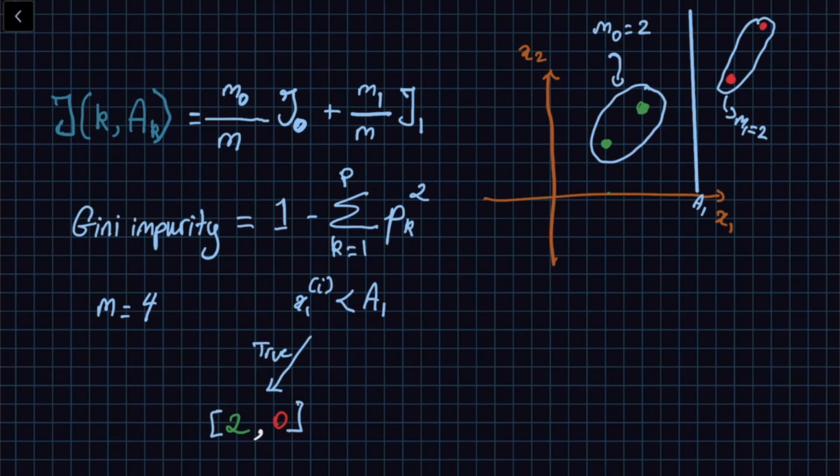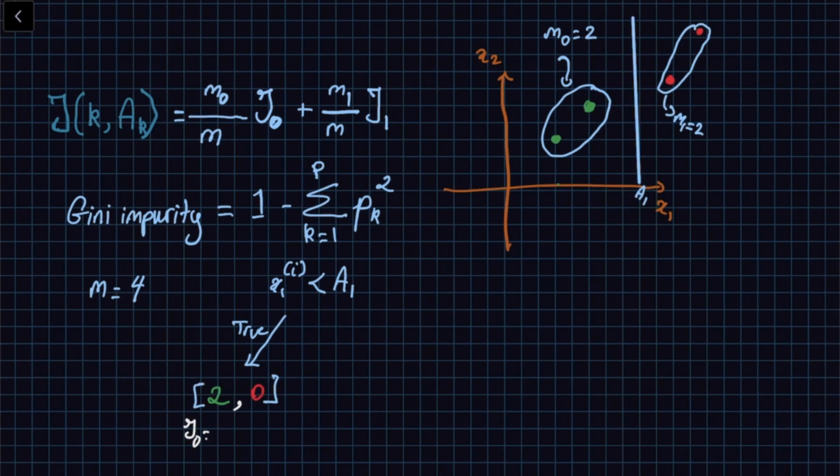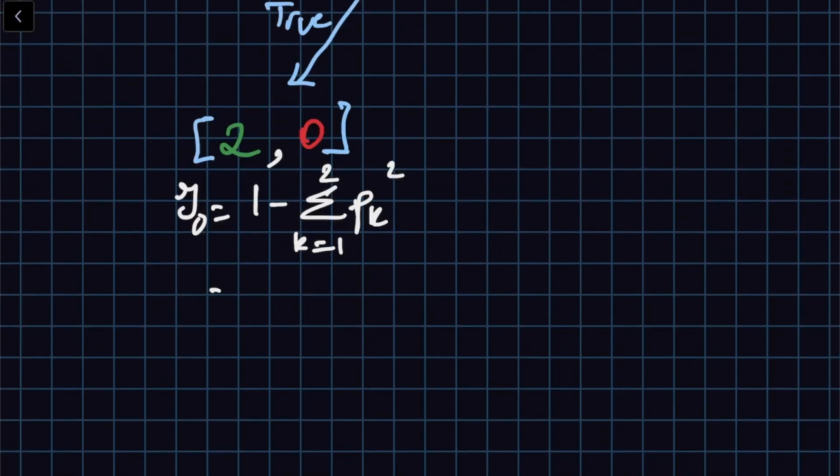So now you ask yourself this question: what is the impurity of this arrangement? Well, over here, my J0 is, using the definition, 1 minus the sum over k going from 1 till p, where p is 2, of pk square. Let's zoom in over here. That is 1 minus p0 square minus p1 square.